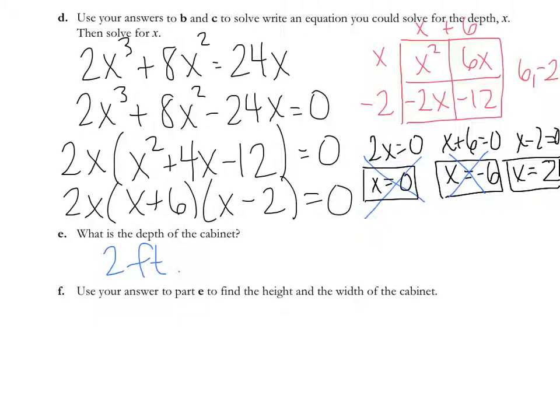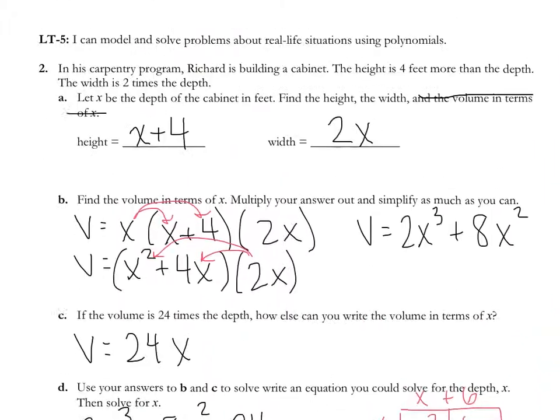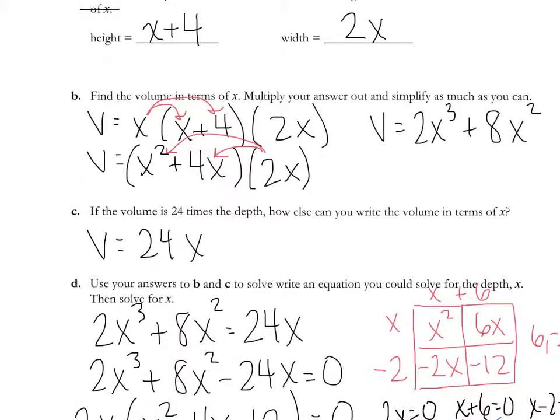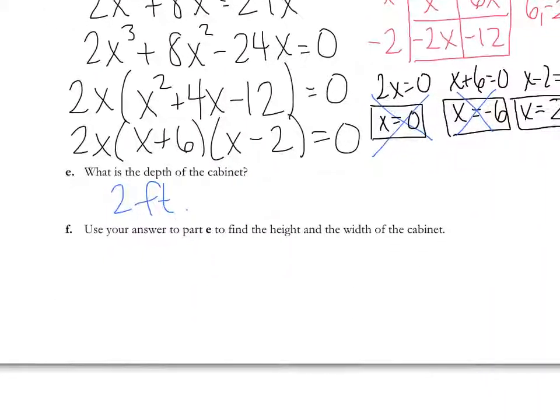So our last question asks us to use our answer to part E to find the height and the width of the cabinet. So if we go all the way back to the beginning, remember we said that our height was 4 more than the depth. So if our height is 4 more than the depth, 4 more than 2 would be 6.